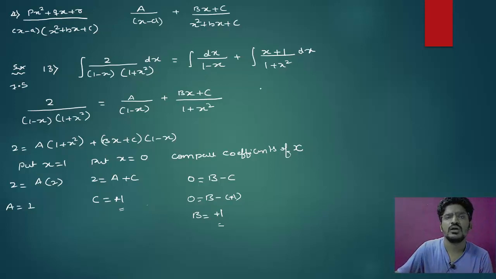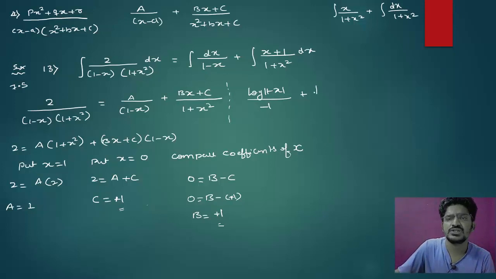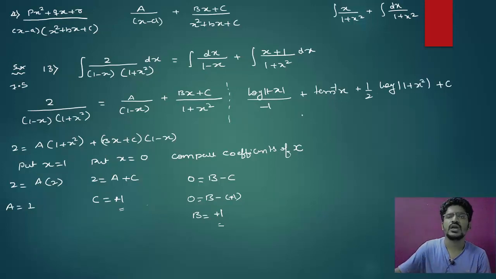So therefore you can just see it, integration of 1 by 1 minus x is log of mod of 1 minus x divided by minus 1, plus, so here you can write it as integration of x divided by 1 plus x square, and plus integration of dx divided by 1 plus x square. You will get this term is tan inverse x, and this term you can just see it will be 1 by 2 into log of mod of 1 plus x square, plus c. Okay, so this is going to be your answer.